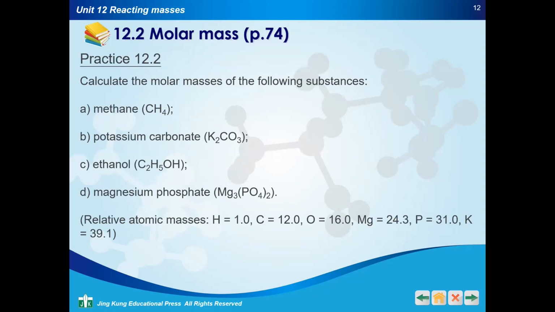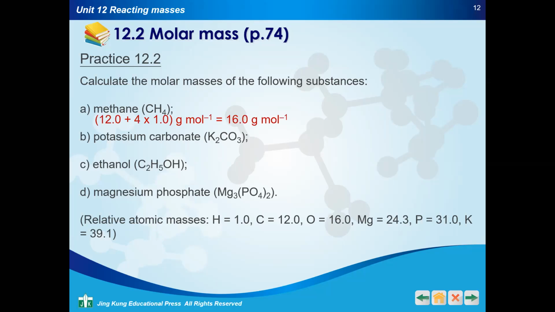Simple arithmetic for 12.2. You can get what is that? I give you about 2 minutes. I'm sure you can do it. For methane, it is what? 16.0 gram per mole, right?